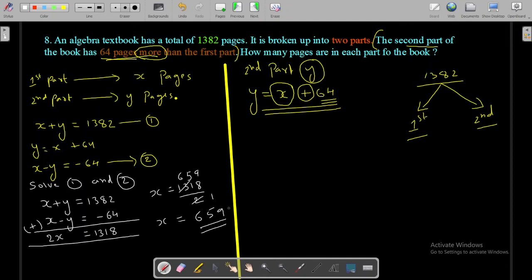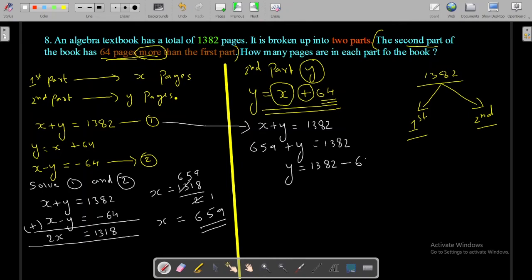Now you substitute this value in equation 1. That is x plus y is equal to 1382. So I will take x as 659 plus y is equal to 1382. That is nothing but y is equal to 1382 minus 659.